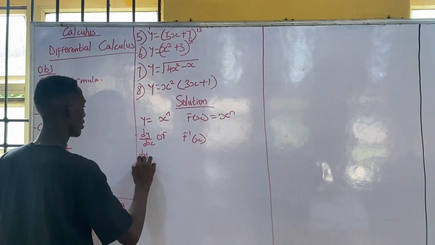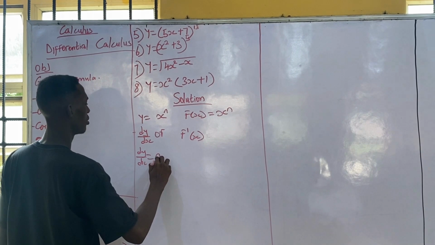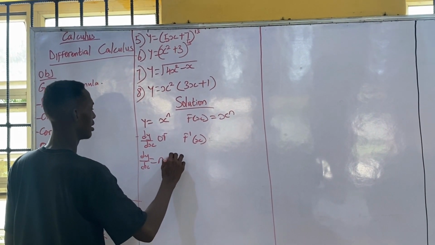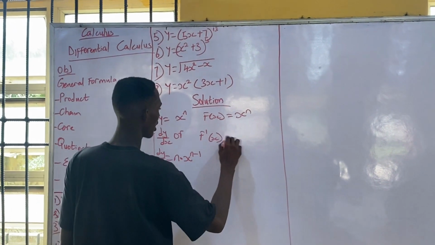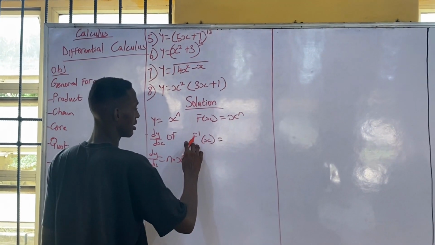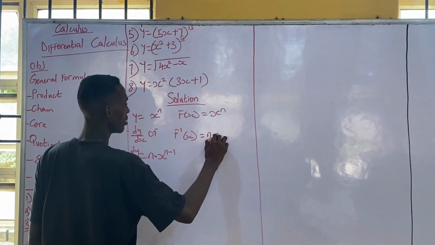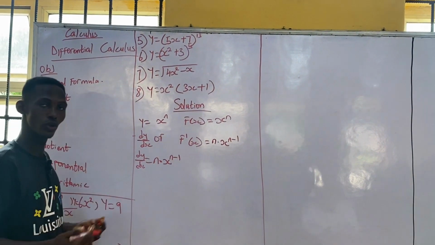Therefore, dy/dx is equal to n multiplied by x, then you deduct your power by 1. Then if it's this, in as much as I've written it like this, we will understand that it is a derivative, which is still the same thing, depending on the formats that you are used to.